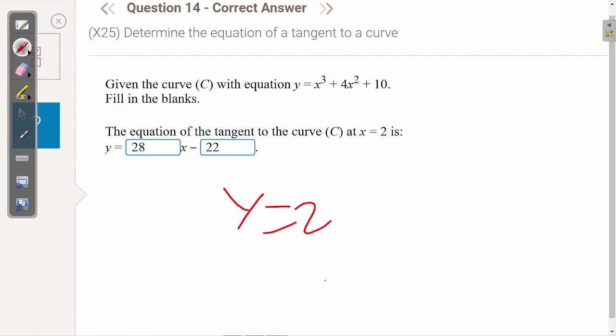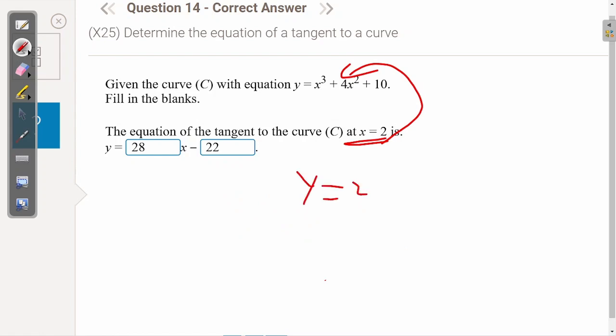So y equals 28x plus b. Now if it was a normal equation, you would substitute with a point on the line to get b, right? But you don't have a point, right? But what you can do is use the point when x equals 2. So you substitute this in here. So y equals 2 cubed plus 4 times 2 squared plus 10.